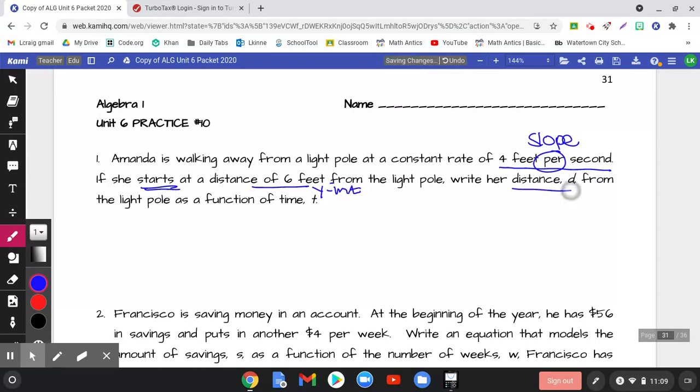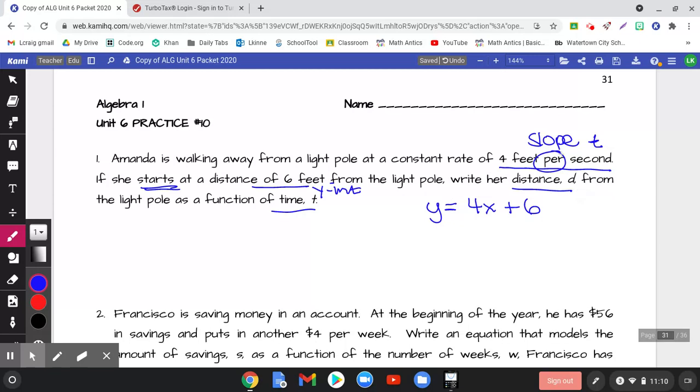Write her distance, d, from the light pole as a function of time, t. All right, so time goes with slope. So let's think about this. If we knew the slope and y-intercept, it'd be y equals 4x plus 6, right? How fast she's moving, how far she was to begin with. But again, it doesn't want you to write it in that form.